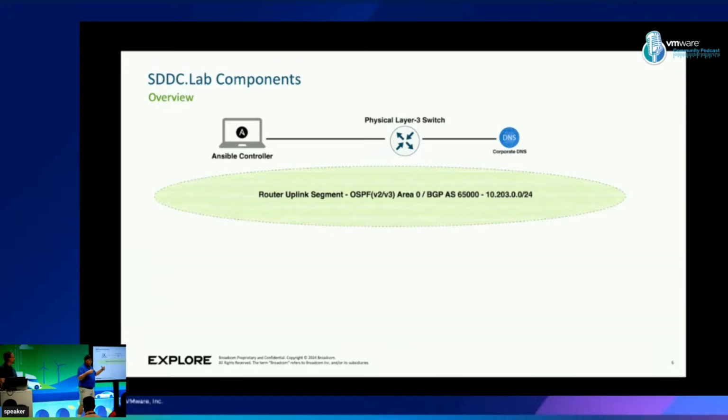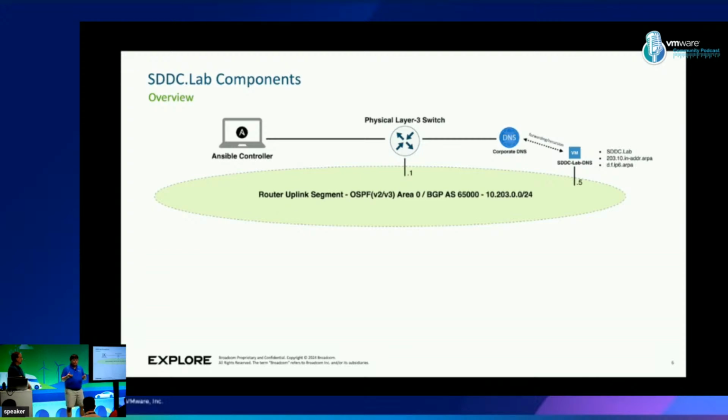And we have our own DNS domain that we use for all of the resources that we spin up in the SDDC. We then have this router link, and the router link is just a segment that connects to the physical layer 3 switch. And this is where we also deploy our DNS. So we have a dedicated DNS for the lab environment.